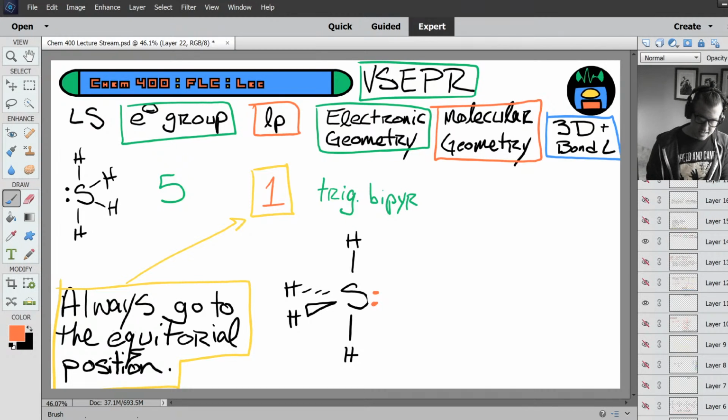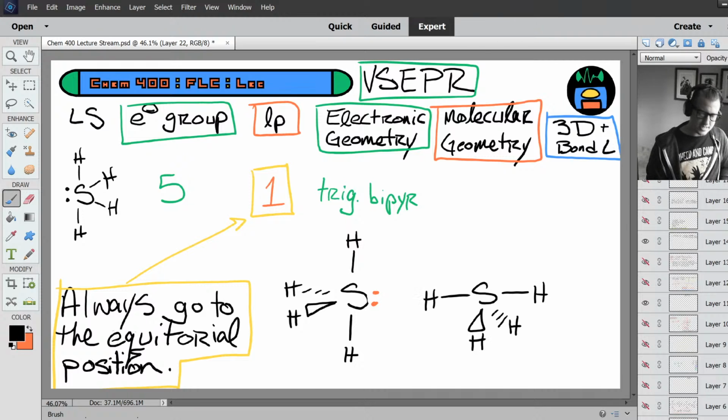Looking at it as I've drawn it might be a little hard to see, but if I draw it on its side, this might help. It kind of looks like a teeter-totter or a seesaw. So the molecular geometry here is called seesaw. It's called that because that's kind of what it looks like.